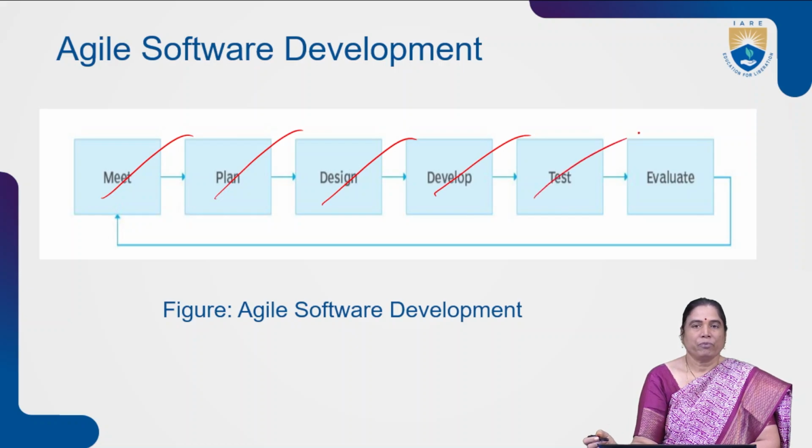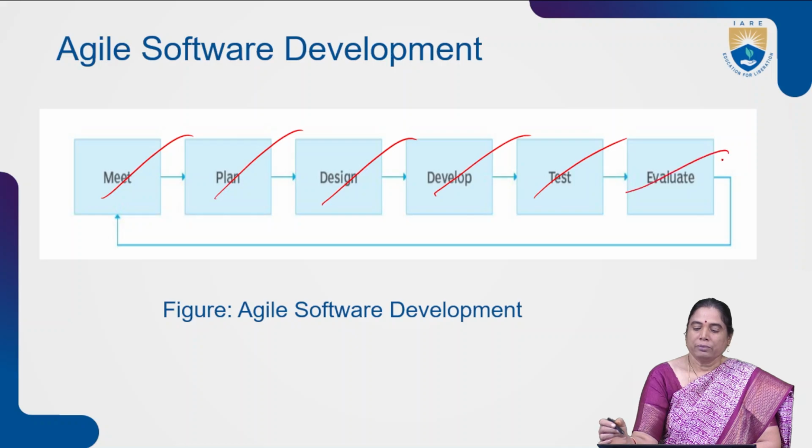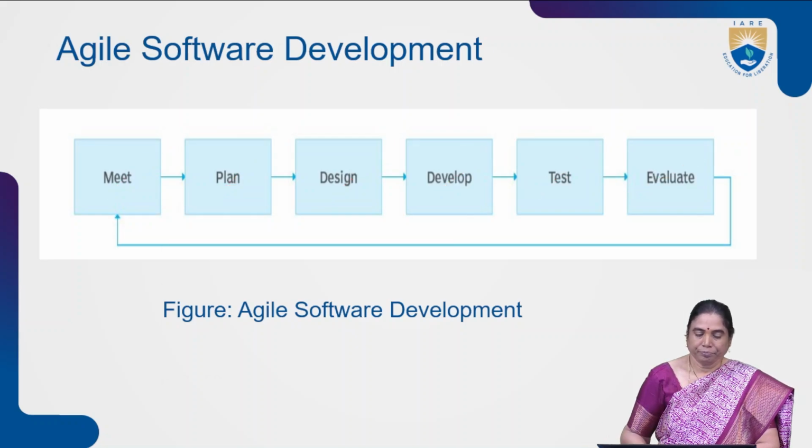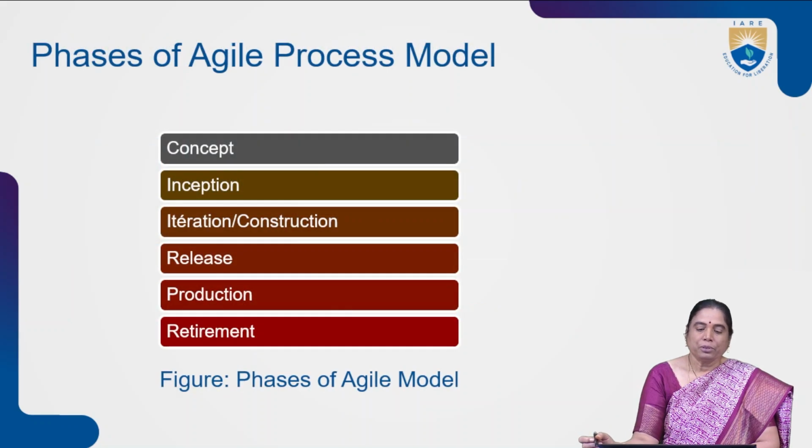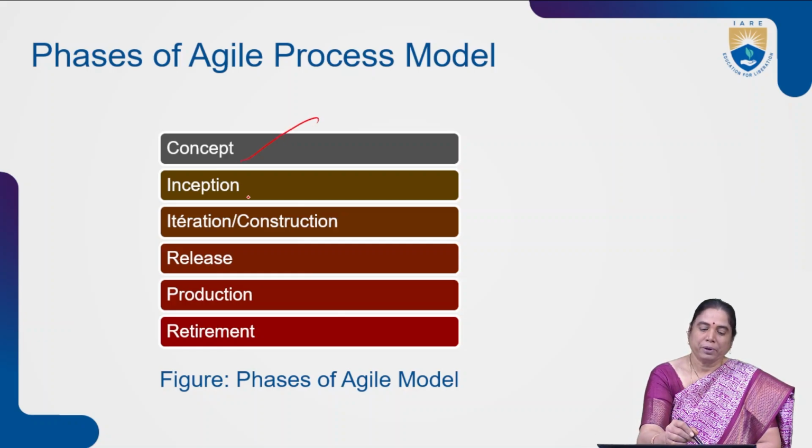Test is used to verify that the developed source code functions according to the user requirements. Evaluation is carried out and the developed software is deployed at the customer site. The phases of the Agile process model are generally concept, inception, iteration, construction, release, production and retirement.